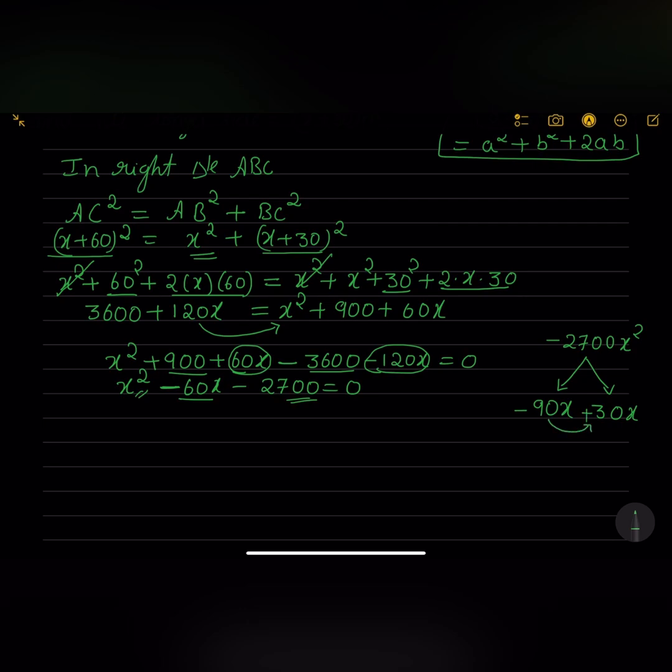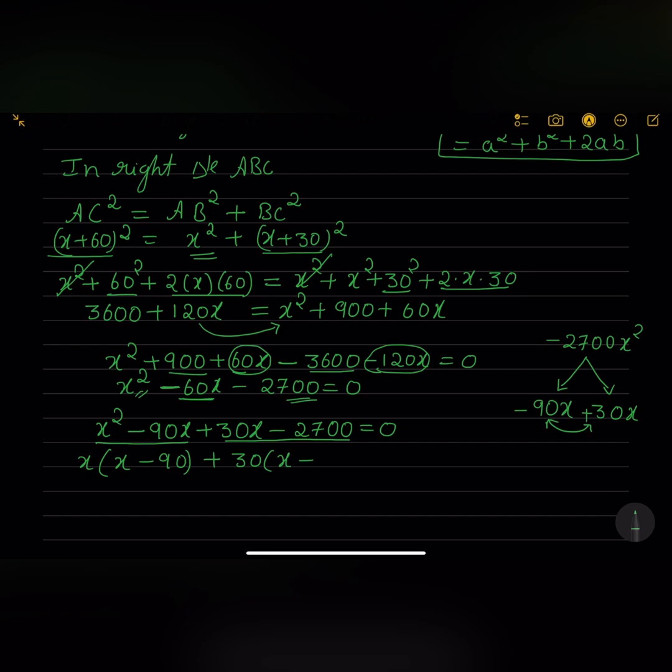If you multiply these two terms, we get minus 2700 x squared, and if we subtract, we get minus 60x. We will substitute that: x squared minus 90x plus 30x minus 2700 is equal to 0. Now if we group the terms and take out the common factors, x into x minus 90 plus 30 is the common term, x minus 90, equal to 0.